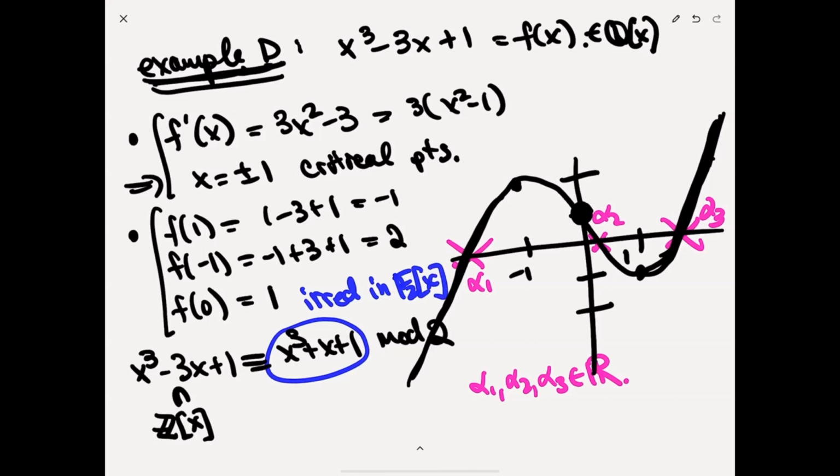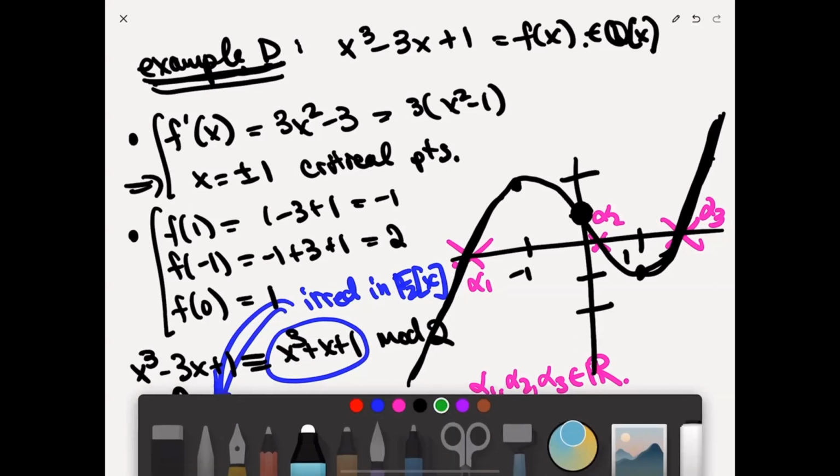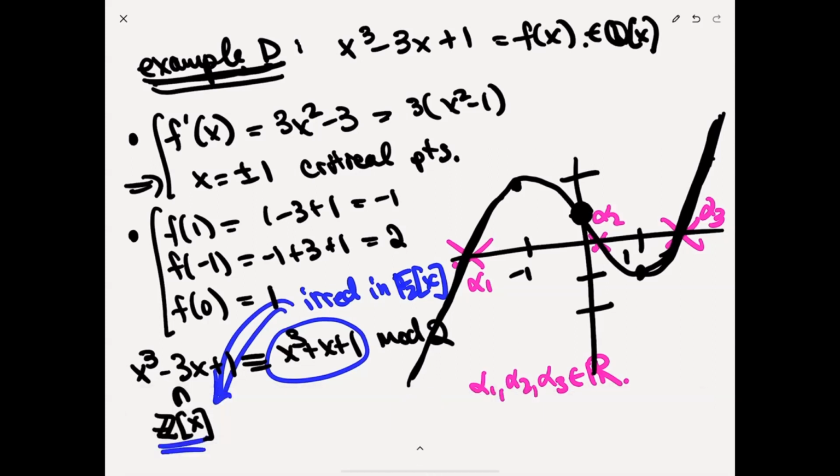That implies that this thing is irreducible in Z[x], and irreducibility in Z[x] implies that it is irreducible in Q[x] by Gauss's lemma.